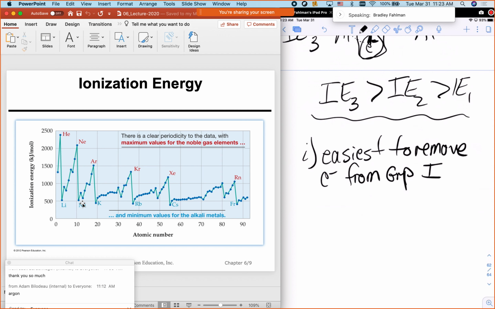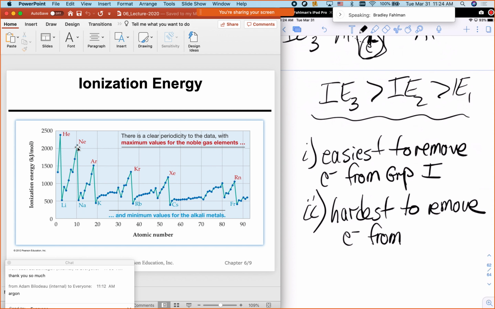And so a low ionization energy means it's easier, it doesn't take as much energy, in other words, to kick off an electron. So it's easiest to remove from the group 1, and then it gets harder and harder to remove an electron, and the hardest is to remove an electron from the noble gases.